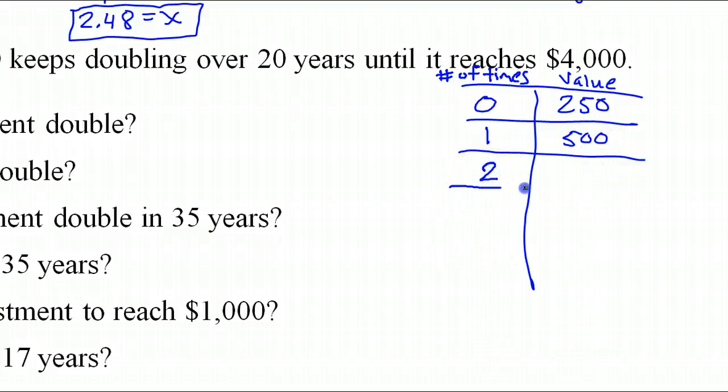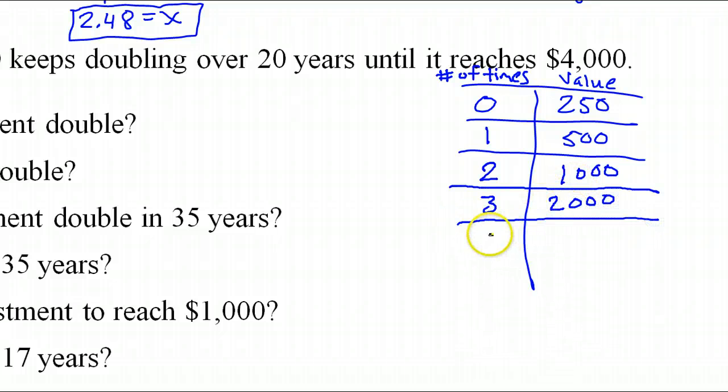If it doubles twice, then we're at $1,000. If it doubles 3 times, then we're at $2,000. If it doubles a 4th time, we are at $4,000. So, it doubled 4 times and it reached $4,000.